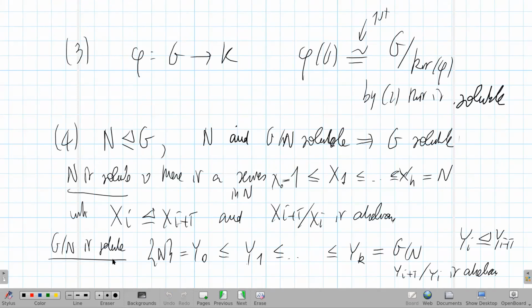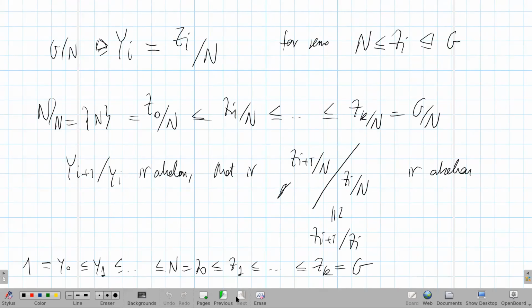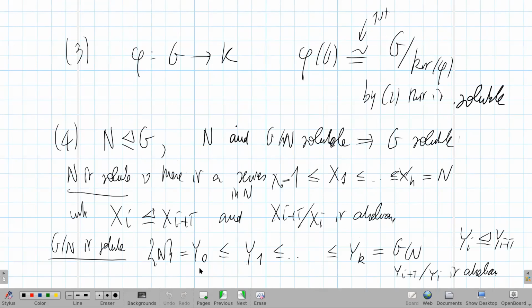G is soluble. I only assume the Yi to be normal in Yi plus 1. Well, this is not a serious problem. Let's fix this one. Here I use 3, but nothing prevents me here, since G over N is soluble, to take this Yi normal.